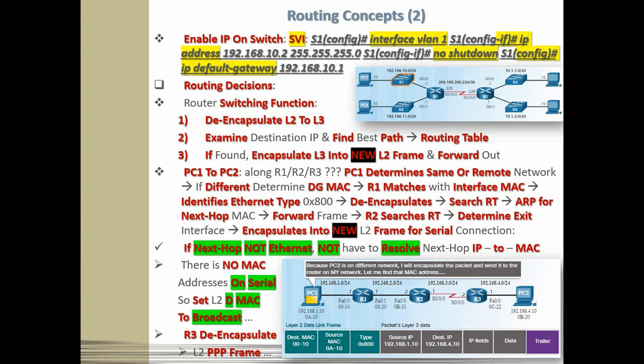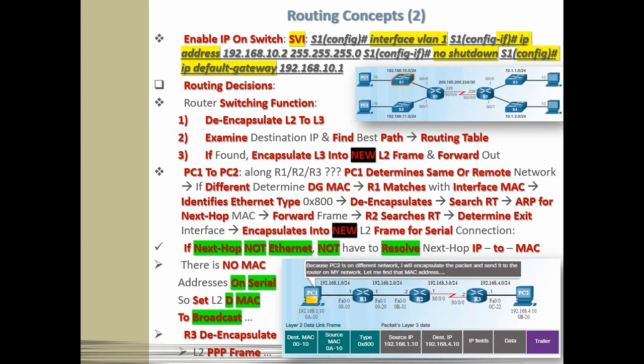With routers, we're talking about layer 3, and the switching function also encapsulates the packets in the appropriate layer 2 or data link frame type depending on the outgoing interface, be it Fast Ethernet or PPP, point-to-point protocol, operating over serial links.